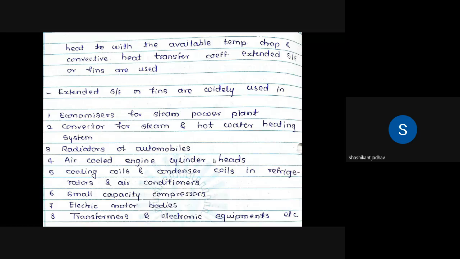Then small capacity compressors, electric motor bodies, and lastly transformers of electronic equipment, etc. These are the applications where we use extended surfaces so that maximum heat dissipation into the surroundings takes place.